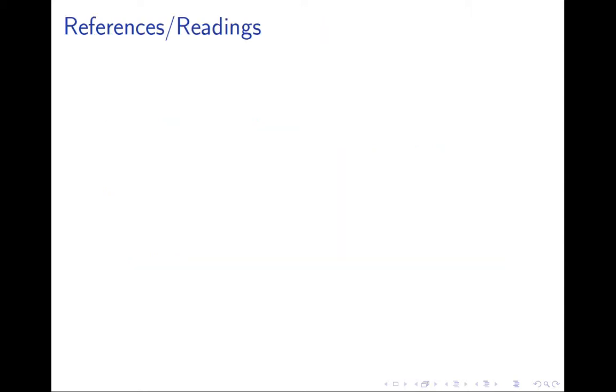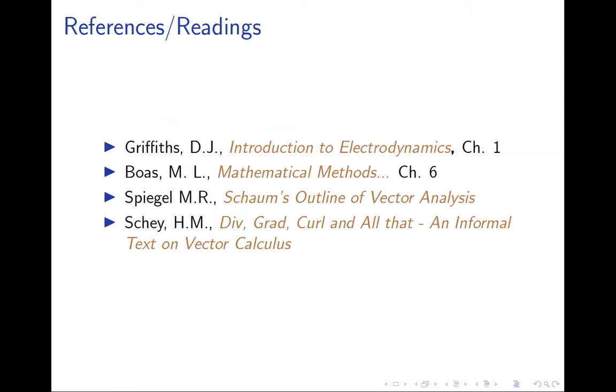Okay, so without further ado, let me just also give you the references for this lecture. That is, I'll mainly follow Griffiths chapter 1. This is a nice chapter on vector calculus in general. There's a nice book by Mary L. Boas, which is also very popular at the freshman and sophomore level, Mathematical Methods for Physicists and Engineers.